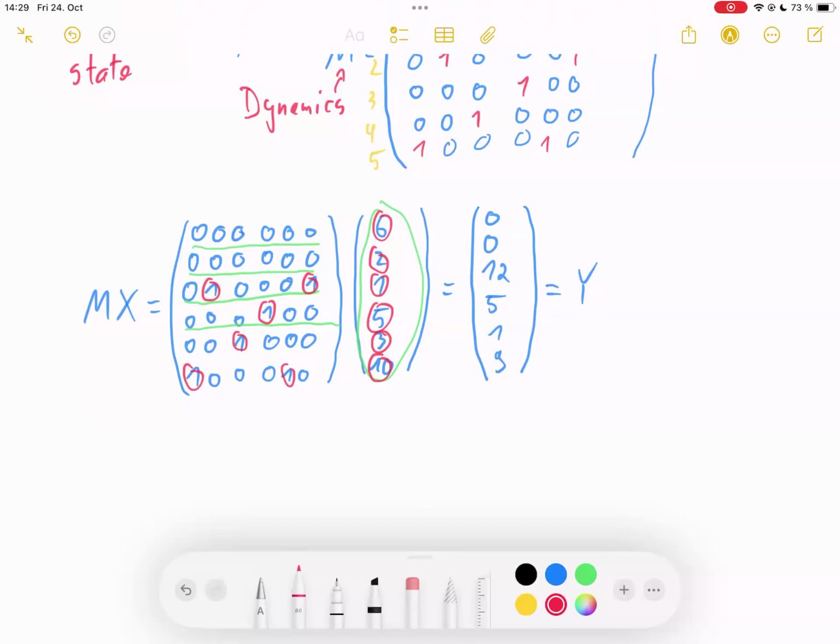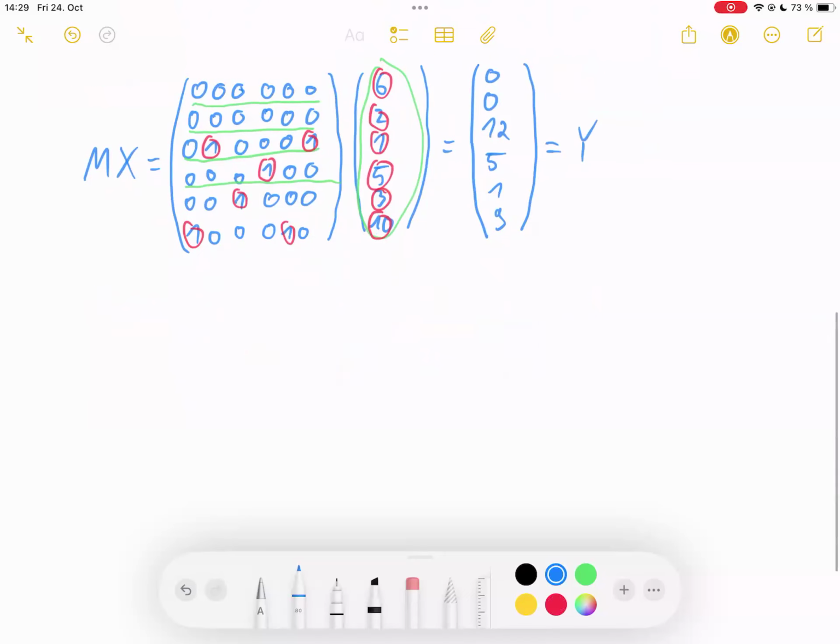And something interesting will happen now. Say I have my state Y, and I want to do one more time click from Y to Z. So I want to say my state Z would be M times Y, because Y I got up here, and now I want to do one more time click.